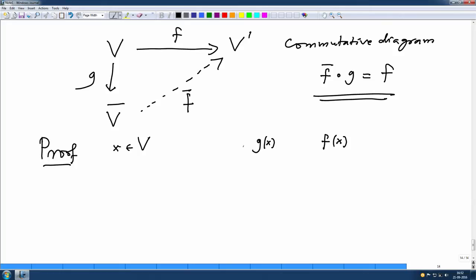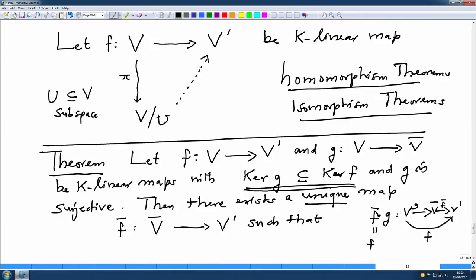And I want to define F bar of this, whatever it is, that should be this, because that is the demand. So, of course, I can define it like this, but for that I need every element of V bar to come from V. That precisely means G is surjective. That was our assumption here. See, G is surjective, and here also pi is surjective.